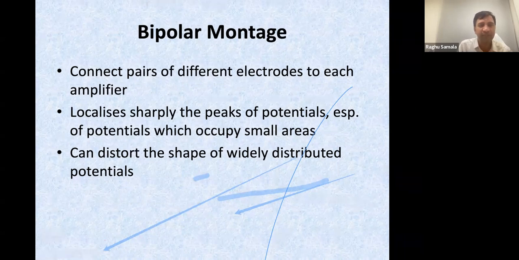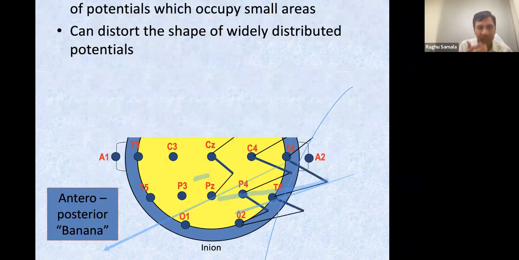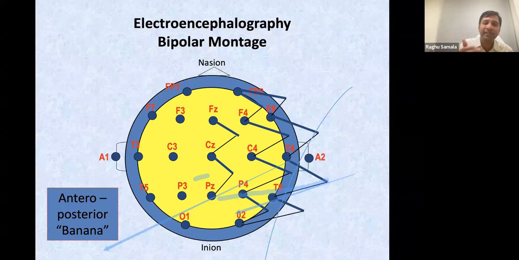You can see here in the bipolar montage you connect adjacent electrodes: FP1-F3, F3-C3, C3-P3, and so on. Then FP2-F4, F4-C4, C4-P4, P4-O2, FZ-CZ. So you are connecting the adjacent electrodes in a bipolar montage.